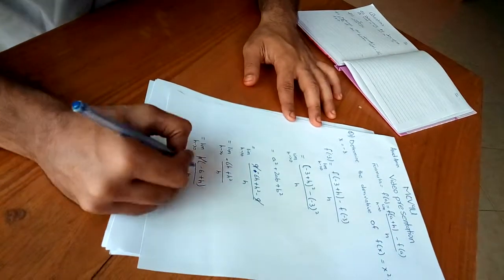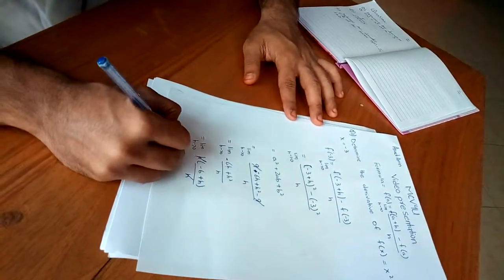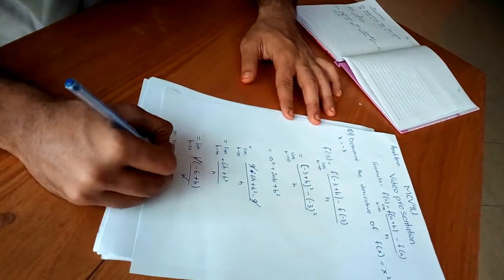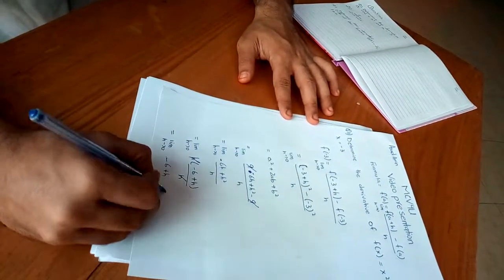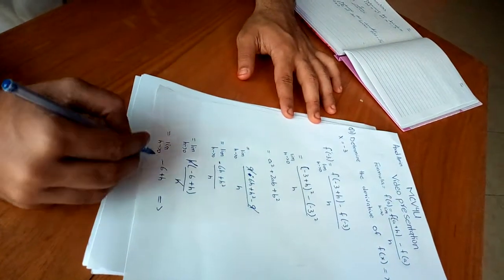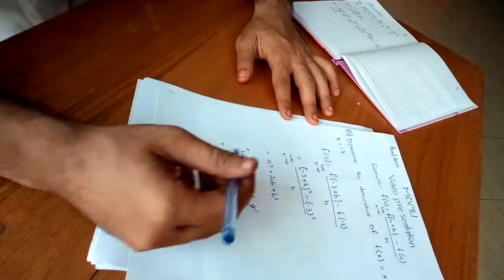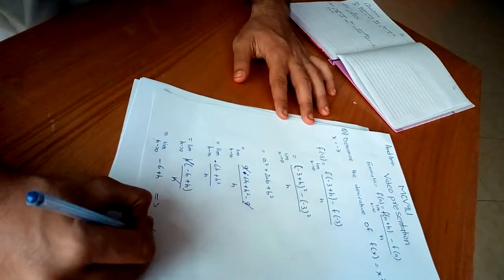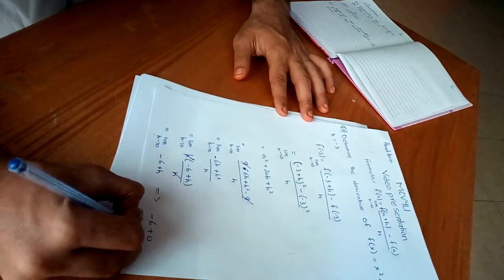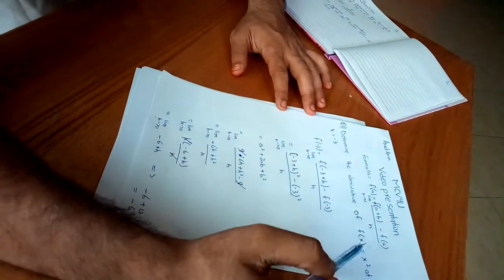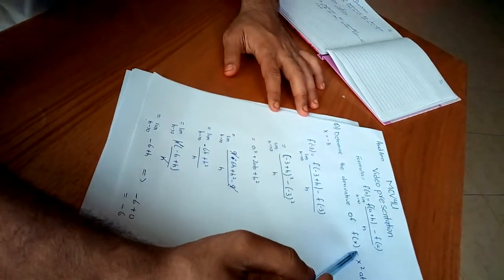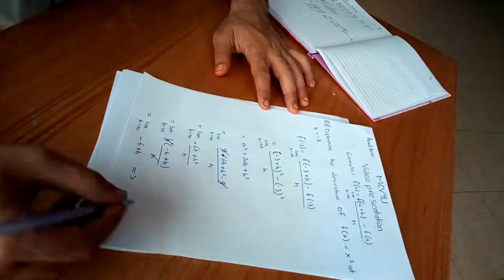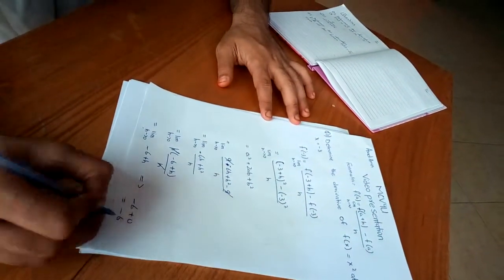This h will cancel out with this one, so we'll be left with the limit as h goes to 0 of negative 6 plus h. Now we will put 0 in h, as you have seen from the starting that h is equal to 0. So we'll be putting this over here: negative 6 plus 0, which is equal to negative 6. So we can say that the derivative of f(x) equals x square at negative 3 is negative 6. So the derivative is negative 6.